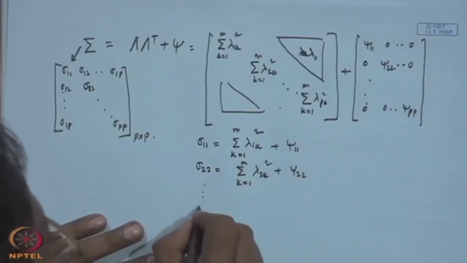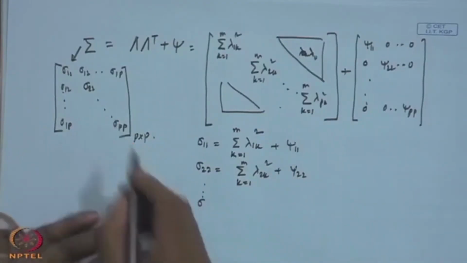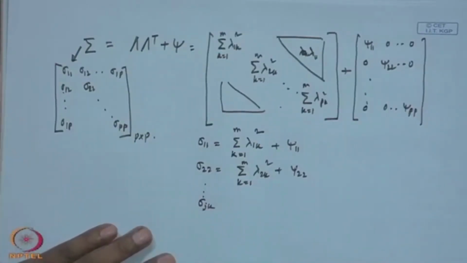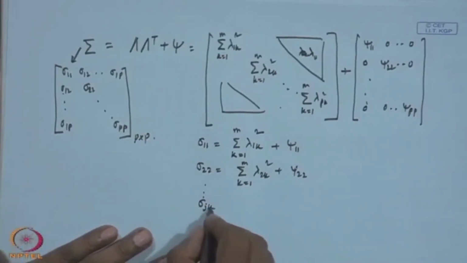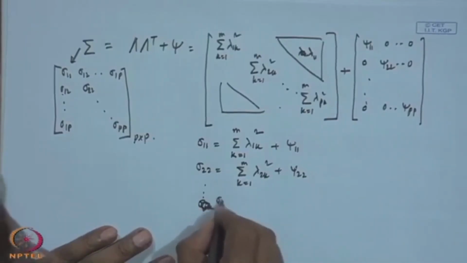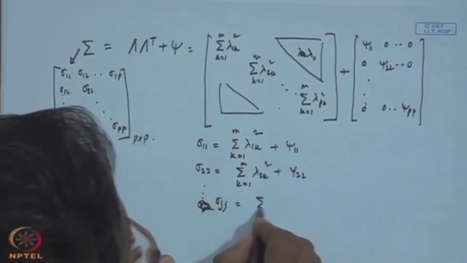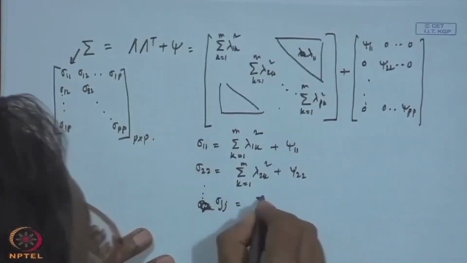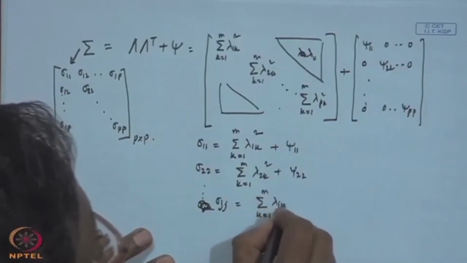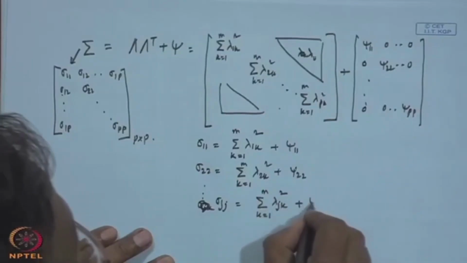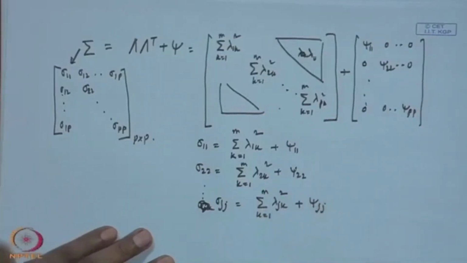In the same manner, for jj, because we are interested in the variance components jj, what will happen? The sum over k equal to 1 to m of lambda jk square plus psi jj.